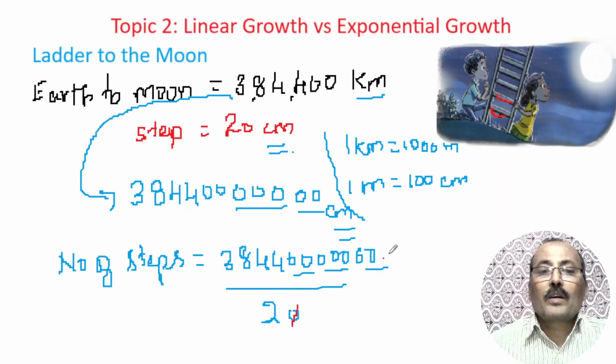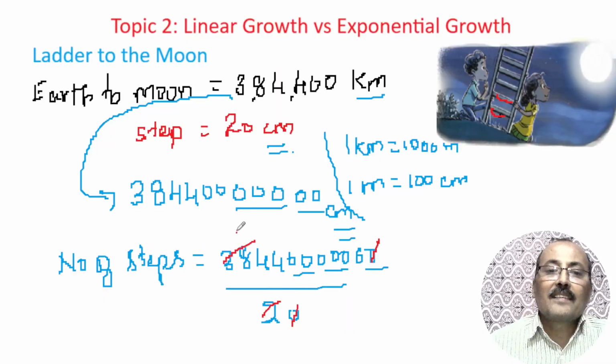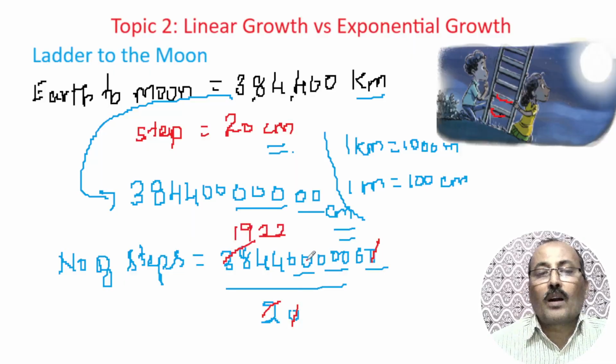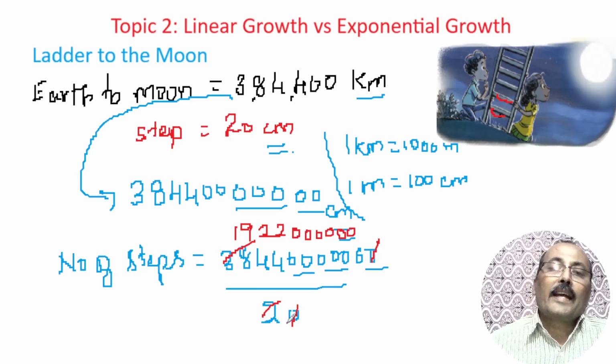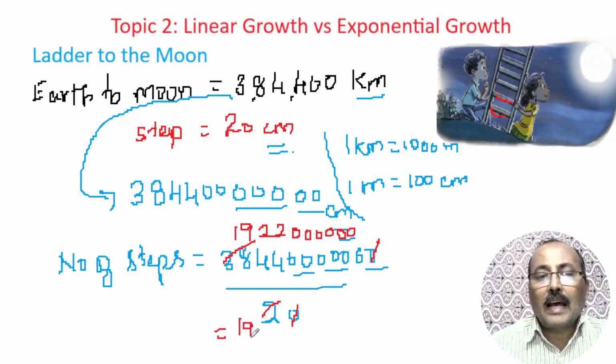Now 1 0 cancel, and this 2 you are going to cancel with 19. 19 2s are 38 and 2 2. Remaining zeros keep it as it is. 1 2 3 4 5 6 zeros are there. Now this is equal to 1 9 2 2 0 0 0 0 0.